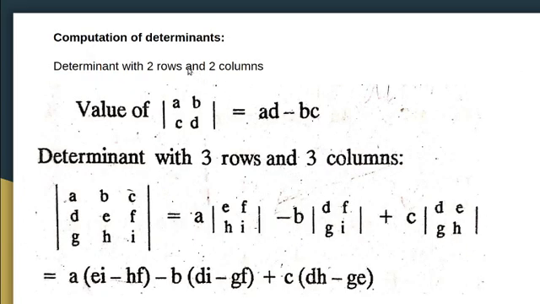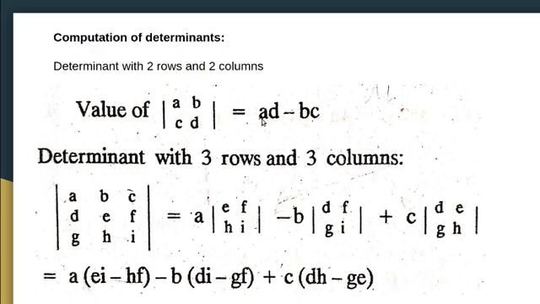Now let us know about the computation of determinants. That means how can we determine a determinant value. Determinant with 2 rows and 2 columns. So how can we determine the value of this determinant? This is a simple form of a determinant, with 2 rows and 2 columns. Take the first row, first element, then cross multiply with the opposite element.